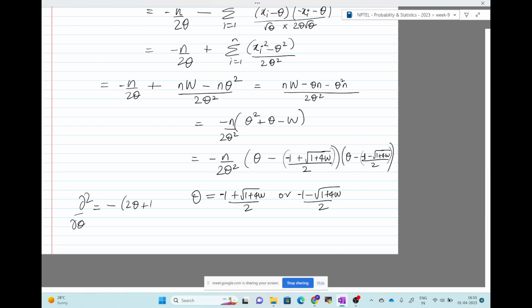Please explain once. So we just checked for this quadratic part. What we want is the maxima.